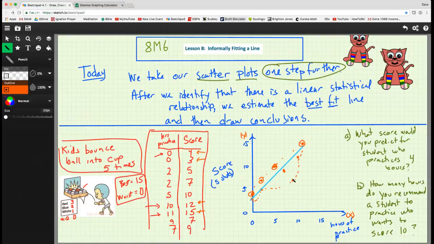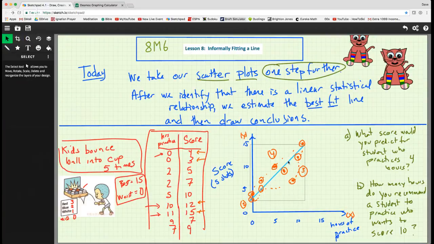We have 3 points below the line, and then we have 2 points that are right on the line. So we have 4 above, 3 below, and 2 on the line. That's a good fit because you want a good balance above and below the line, 4 and 3. So I think that this blue line here is a pretty good fit for the data.